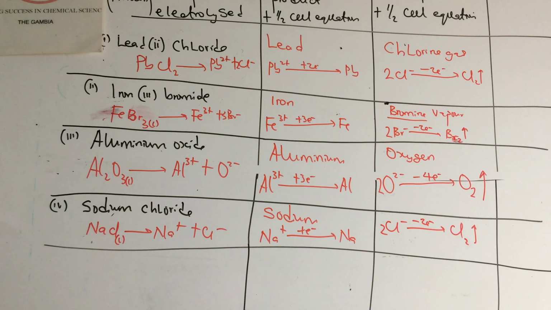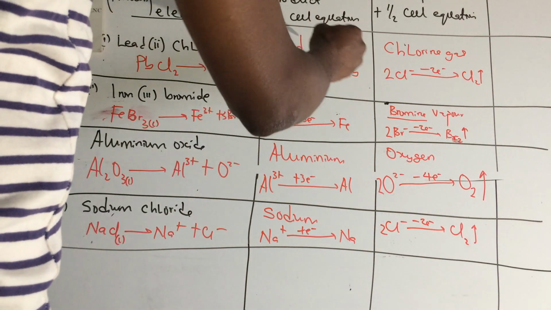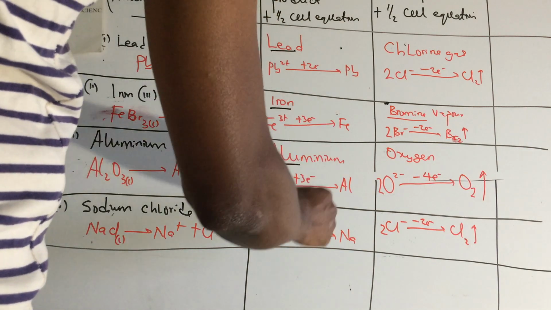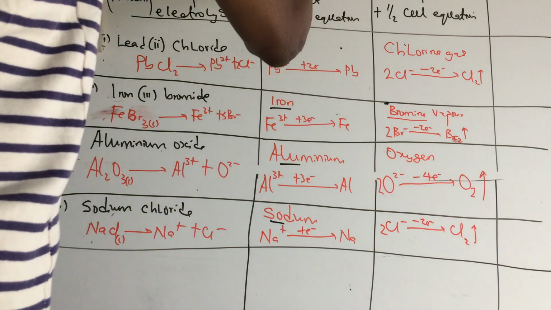You can see from the table that when the electrolyte decomposes, a metal is formed at the cathode. These are the metals: lead, iron, aluminium, sodium, at the cathode.